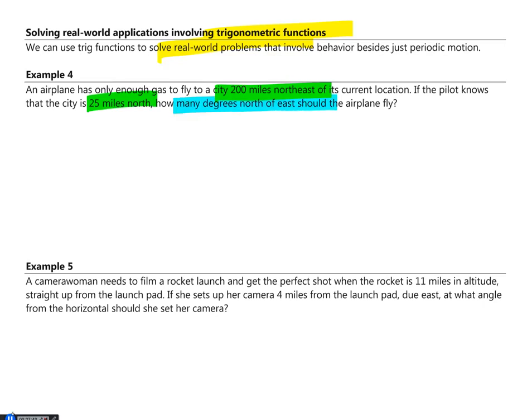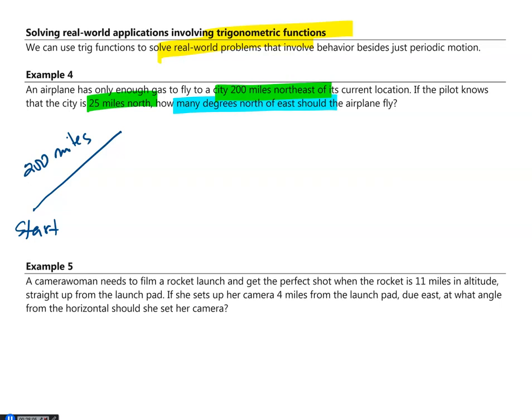the airplane fly? So let's say the plane starts here and is flying to a city 200 miles northeast of its current location. So that's going to be your hypotenuse, with 200 miles.